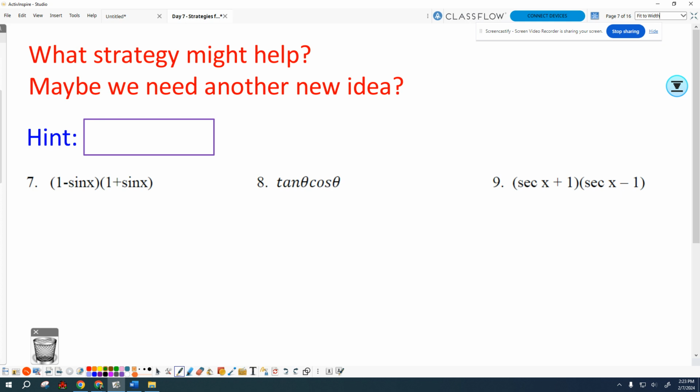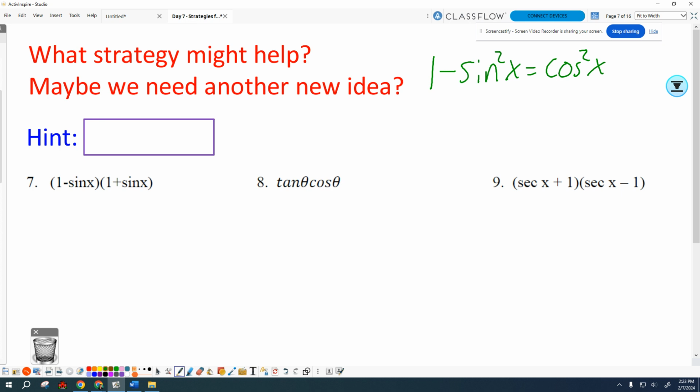Okay, the Pythagorean identities. These guys are squared. Is this thing squared? Then does 1 minus sine x equal cosine? No. So do we distribute it out?